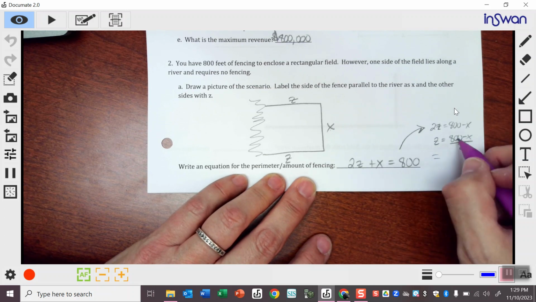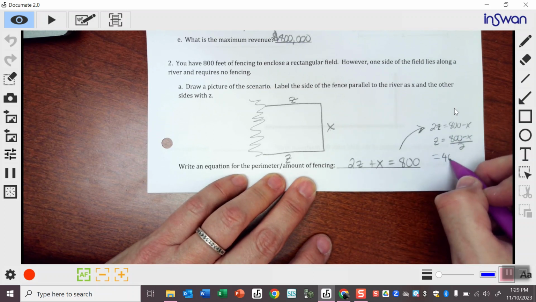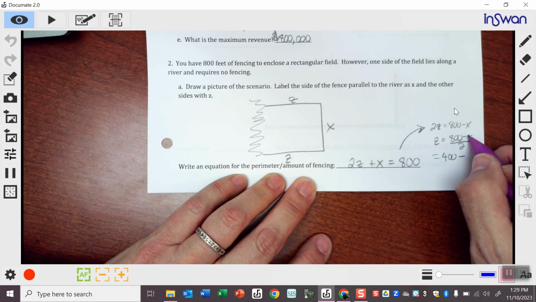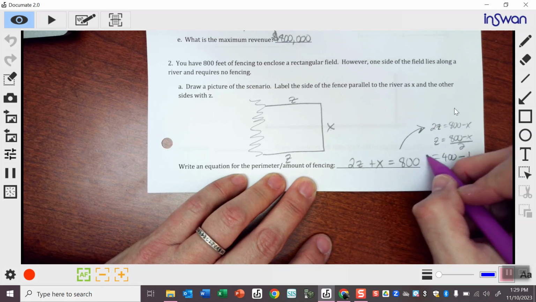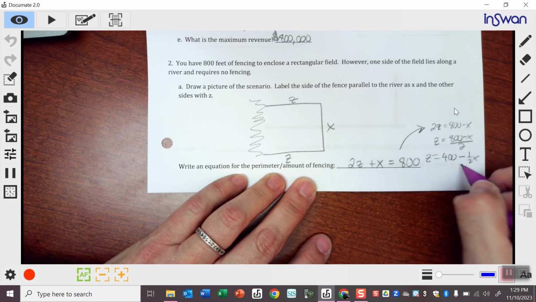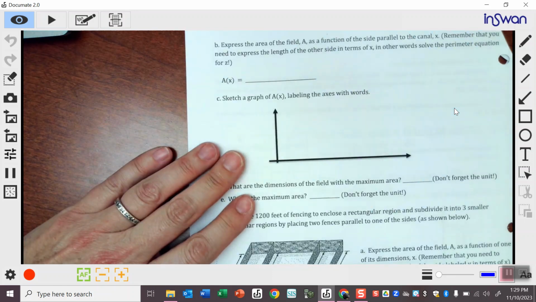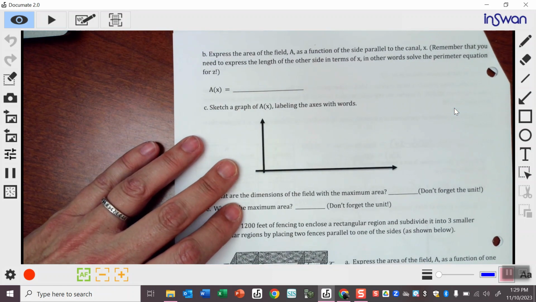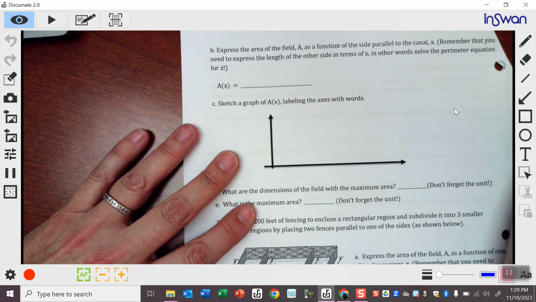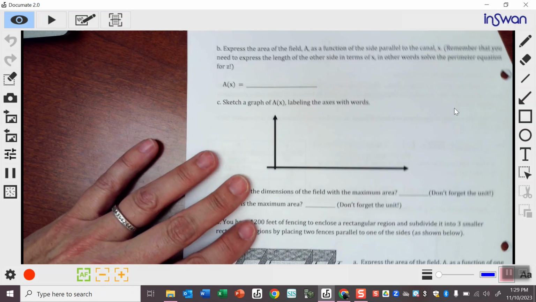If I clean that up, I can say that it's 400 minus 1/2 X. So it's up to you whether you want to leave it a fraction or put it like that. Doesn't matter. Okay, so let's take a look. Express the area of the field A. So remember, the area of a rectangle is the base times the height, or the length times the width.